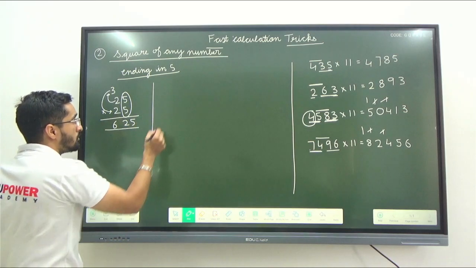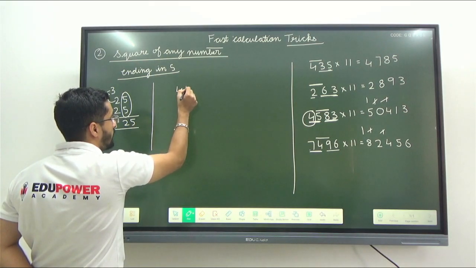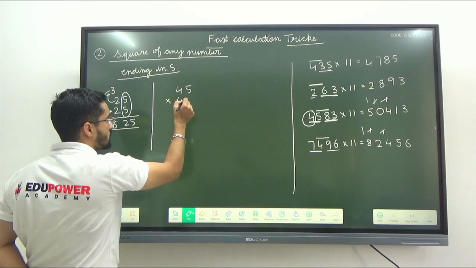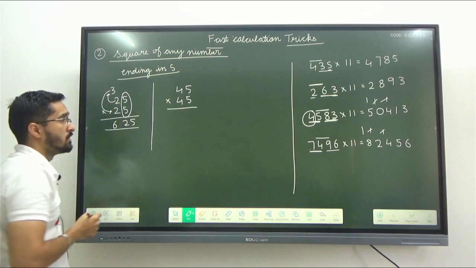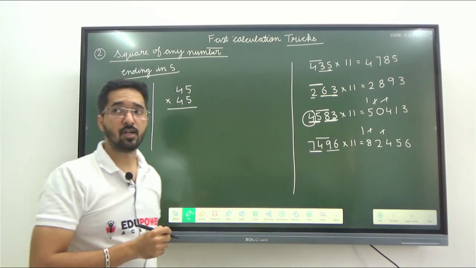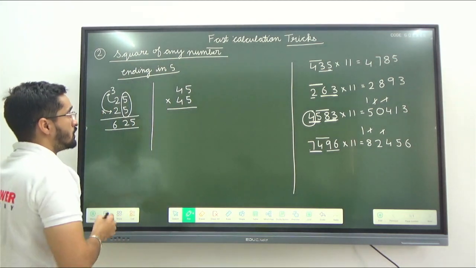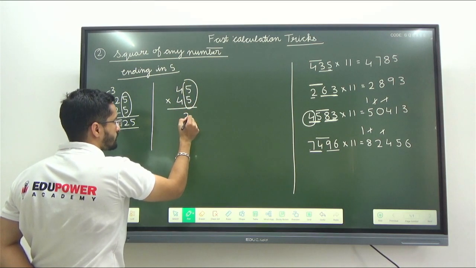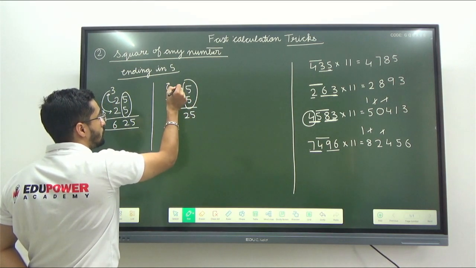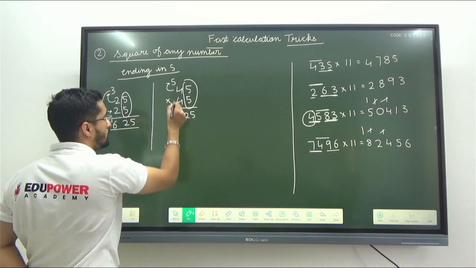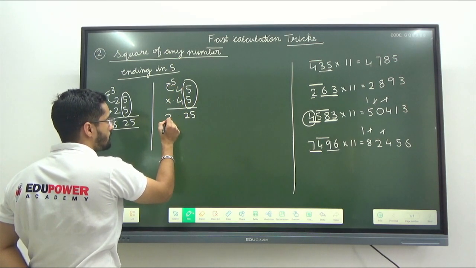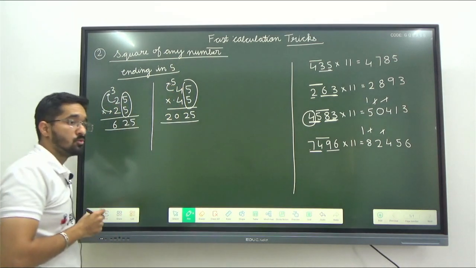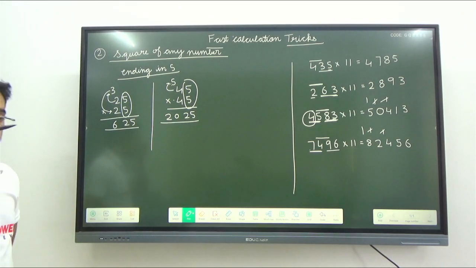Now, this trick has to be applied only and only when you have to find the square of numbers ending with 5. Okay. So, 45 into 45, what is the answer? 25. 4 plus 1 is 5 and 5 into 4 is 20. So, answer is 2025.